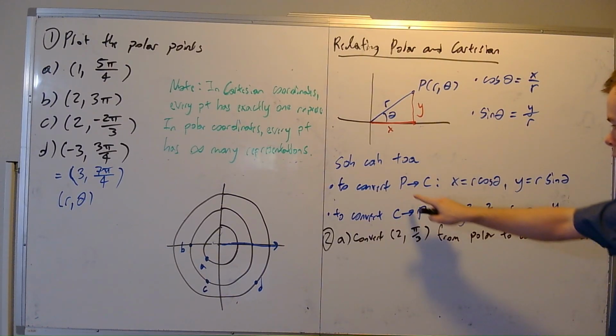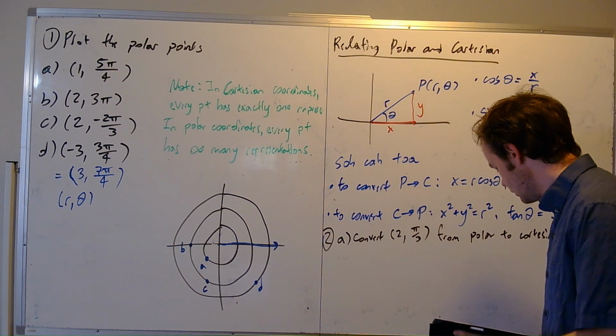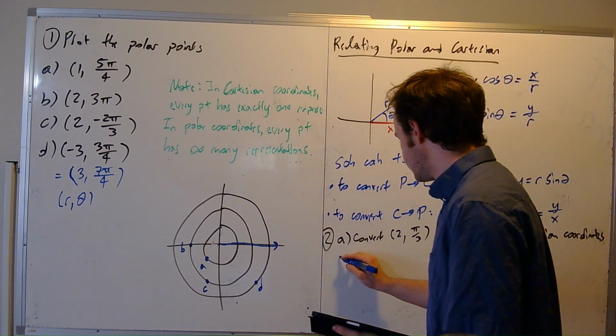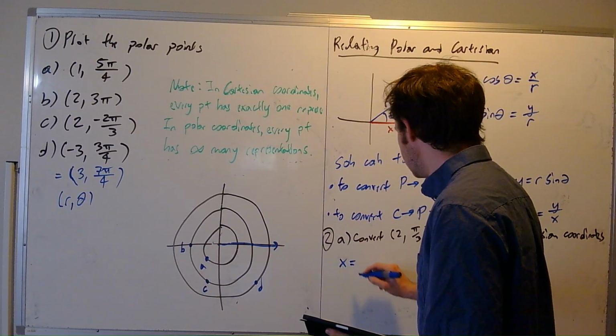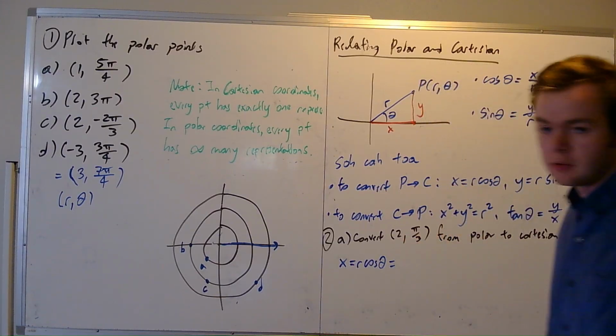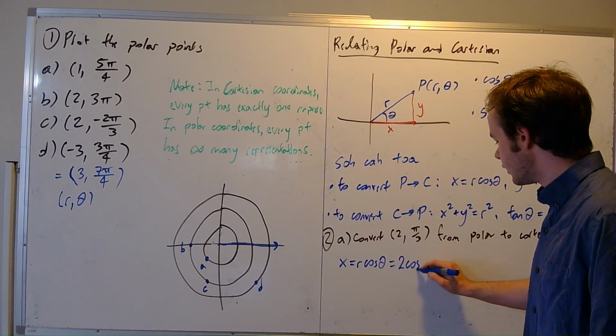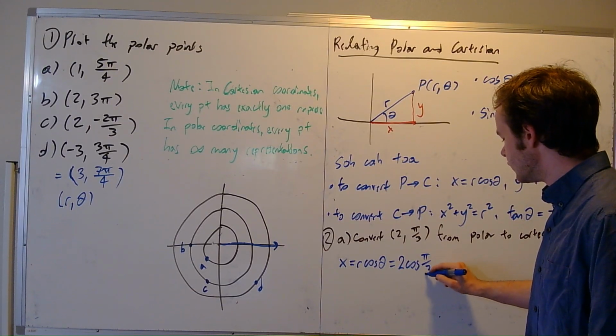Right, so we're going from polar to Cartesian, so we use these two. We know that x equals r cosine theta. We're already given what r and theta are, so we can just plug those in: 2 cosine of pi over 3.